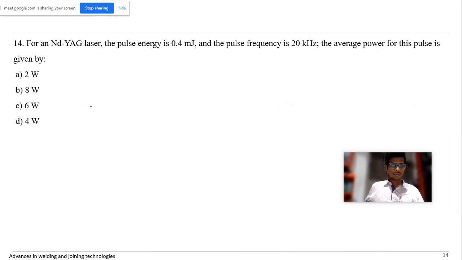We don't have time. We know the formula, right? I think you already answered it. Let me write the formula. I could have directly kept the screenshot. Anyway, E_p into R, where R is the repetition rate or frequency, will be given by P average.